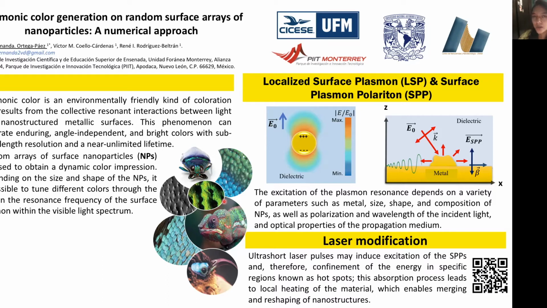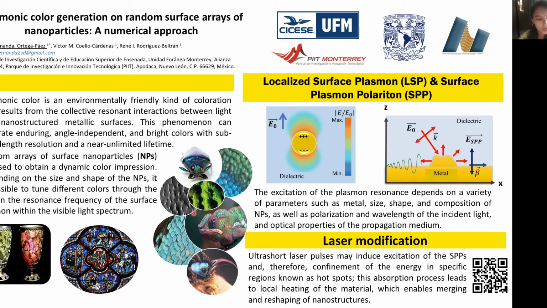A very popular example of this type of coloration is present in the Lycurgus cup, which I present in this image, or in the stained glass windows of the Middle Ages, which retain their colors to these days. And this is one of the principal characteristics of plasmonic colors.